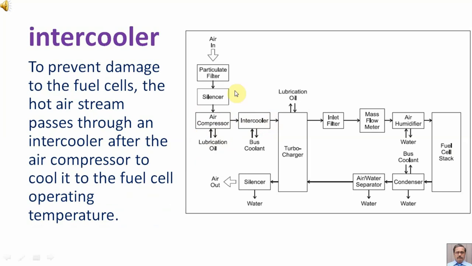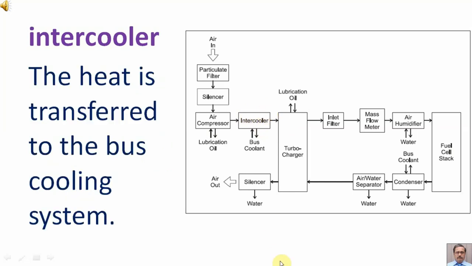To prevent damage to the fuel cells, the hot air stream passes through an intercooler after the air compressor to cool it to the fuel cell operating temperature. The heat is transferred to the bus cooling system.